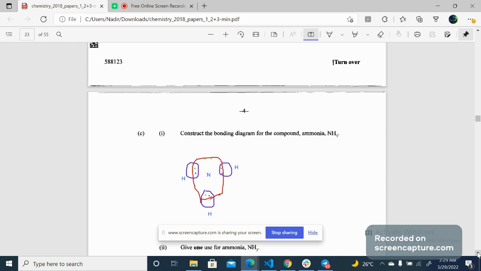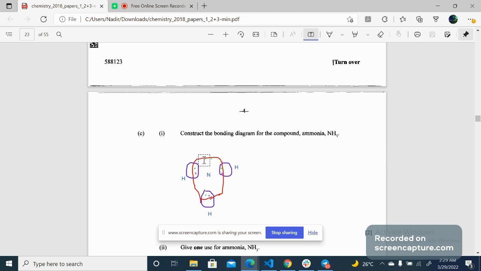3 hydrogen atoms try to make pairs with 3 electrons from nitrogen. As you can see in here, these small red and blue circles are representing hydrogen atoms, and this bigger red circle is representing nitrogen.